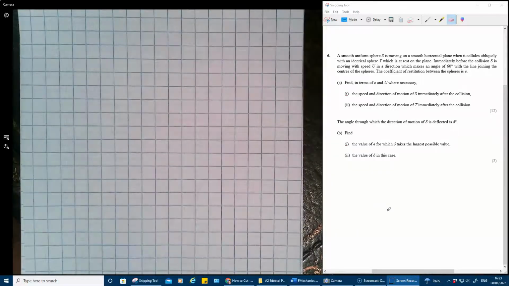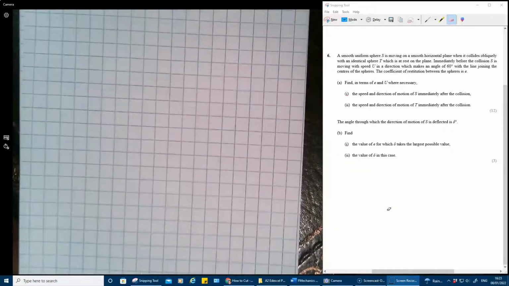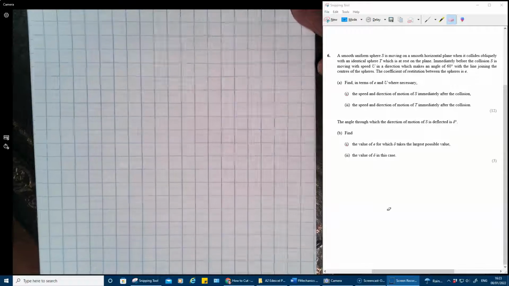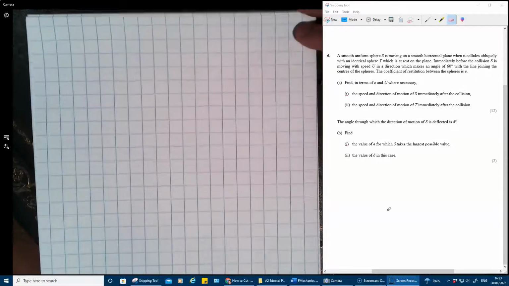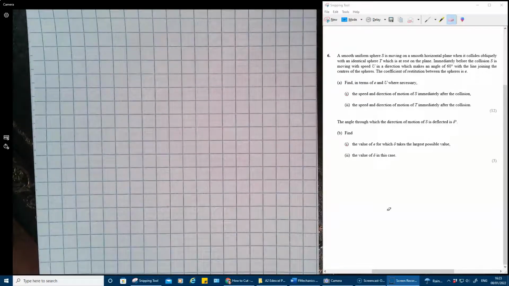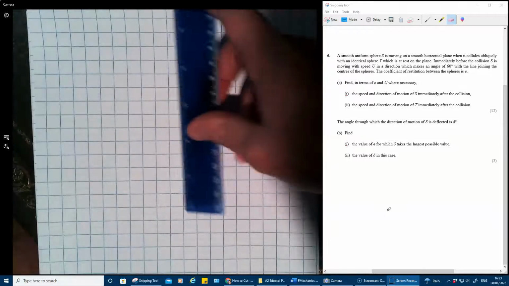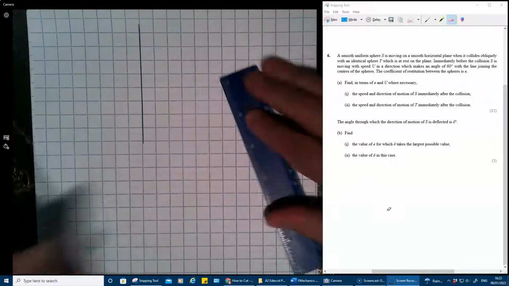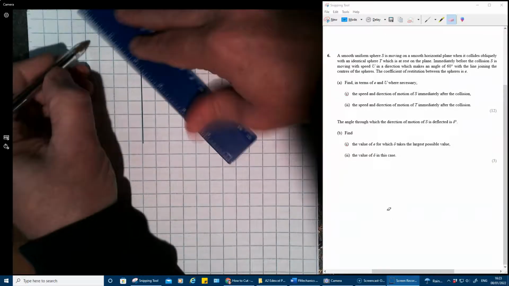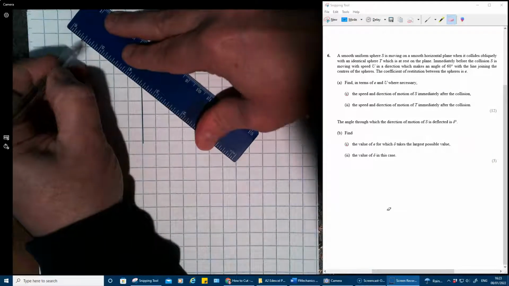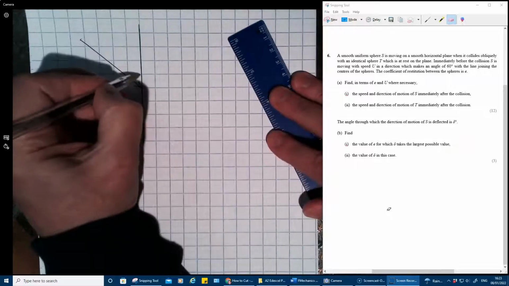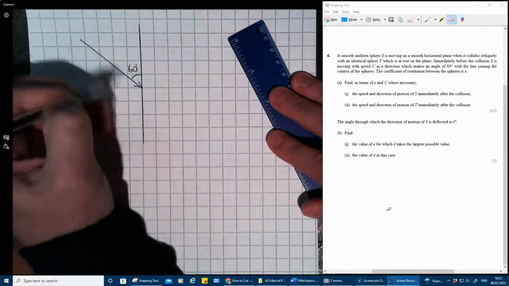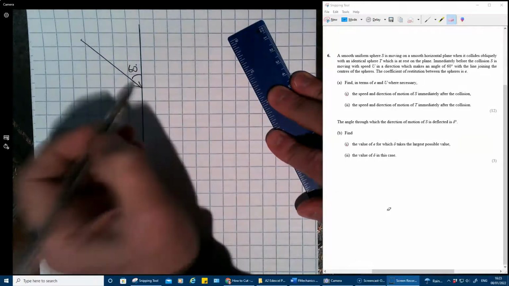Right, now we've got to find the angle through which it's deflected. Okay, so let's draw on the vertical, or whatever, at the point of contact. We know this one comes in at 60 degrees.